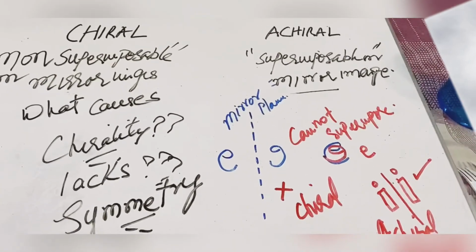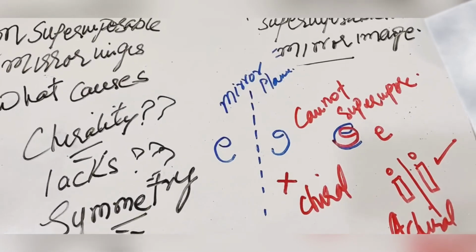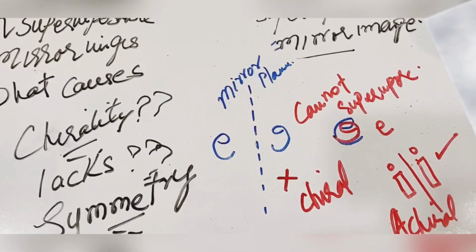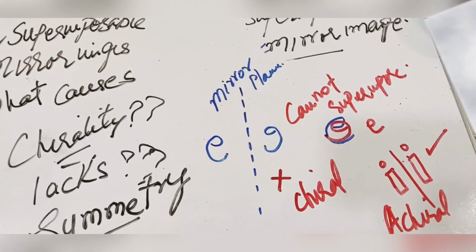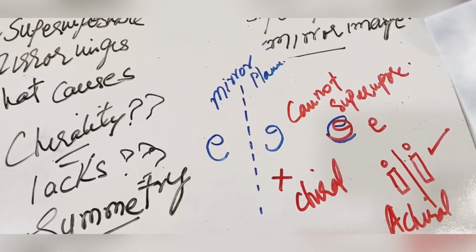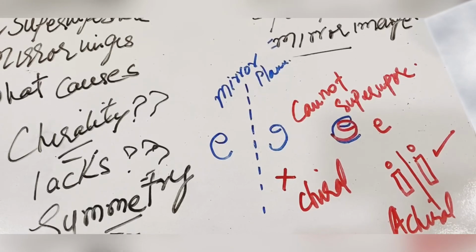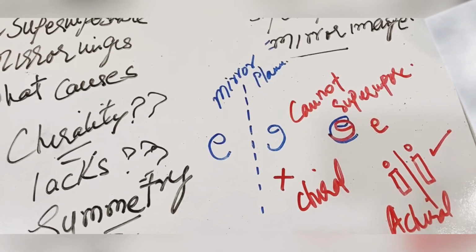I hope you like this video and you now know the main difference between chiral and achiral objects, and how you can identify them, even how you can identify two different alphabets. For your own practice, you can find objects at your home, look at their mirror images, and find out whether they are chiral or achiral.